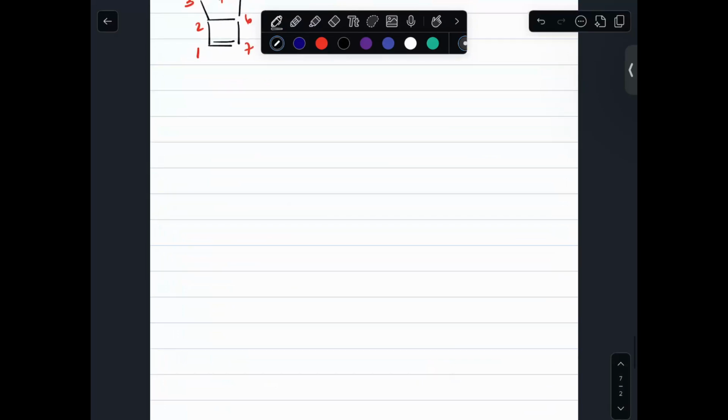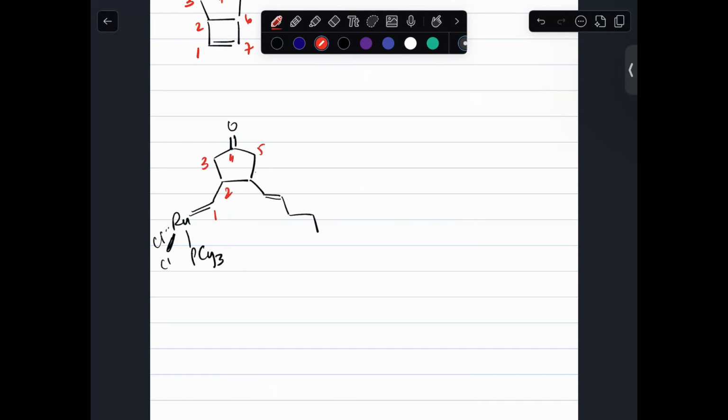I didn't give myself enough space. Let me continue to number it. I introduce the styrene. Remember the styrene, the carbon end is the starred carbon. It's my ligand association step.